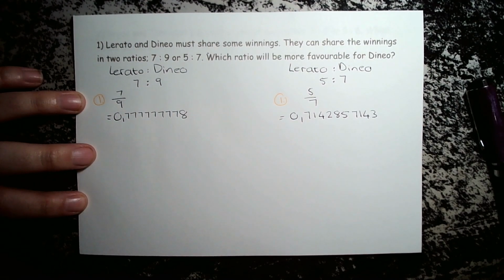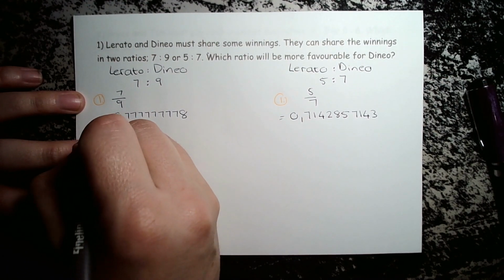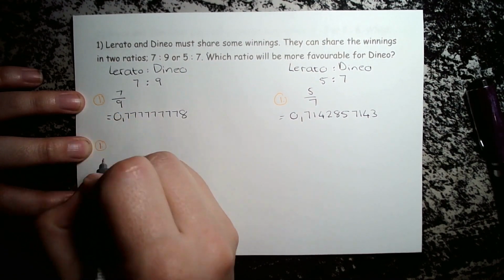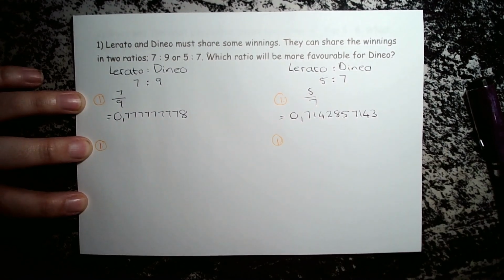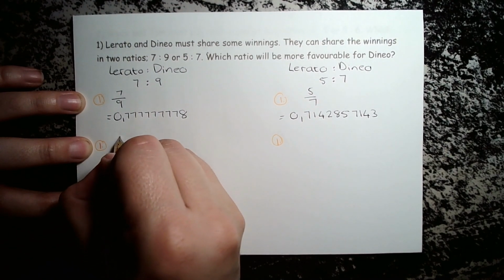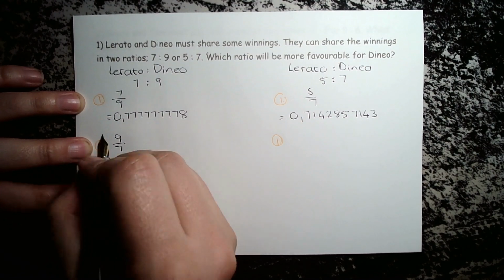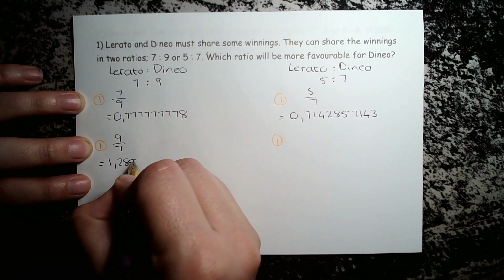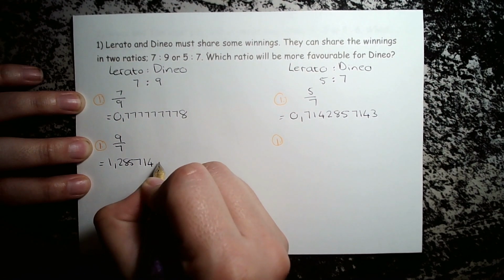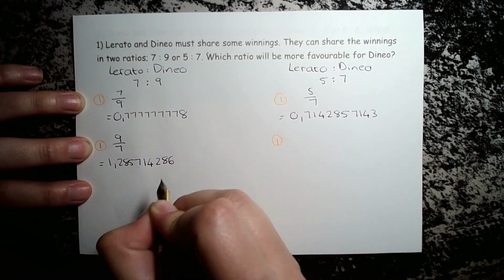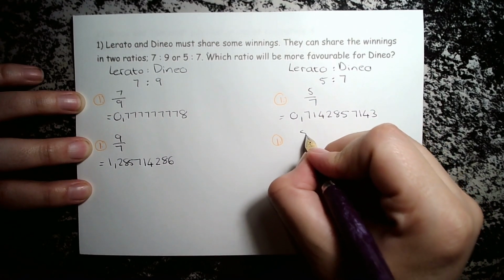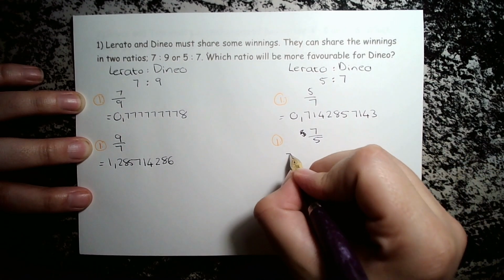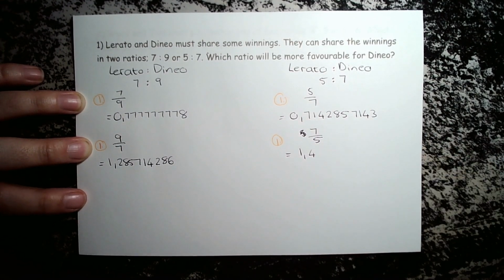So this is still step 1. And I will write that down again, but I will leave some space there. So we will take the 9 over the 7, and we will get 1,285714286, and then we take the 7 over 5, and we get an even 1,4.